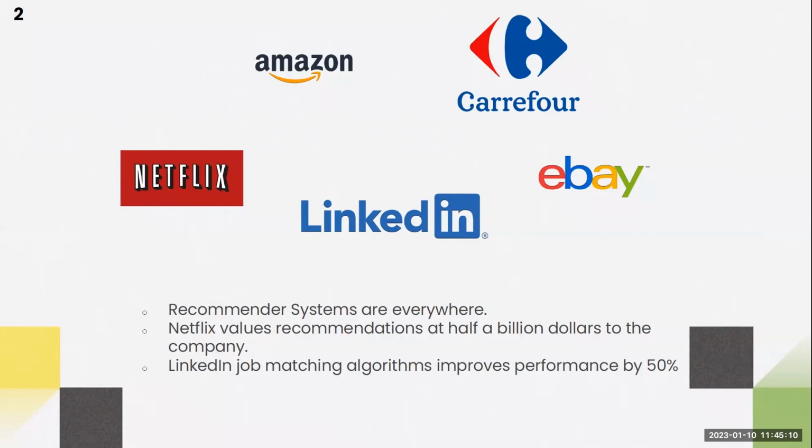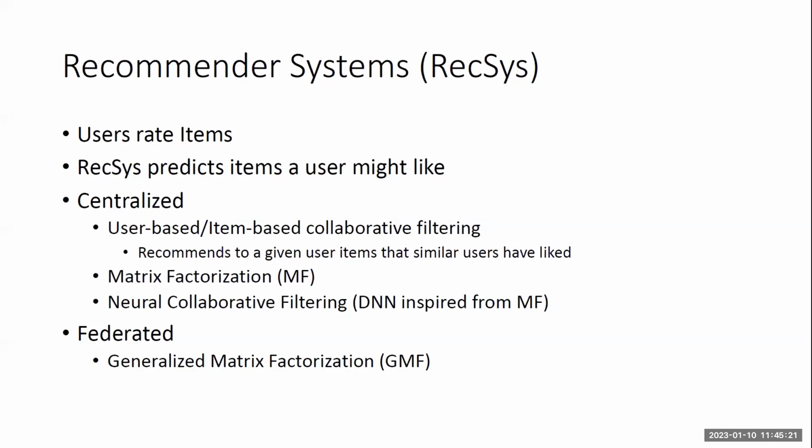In marketplaces like Amazon, eBay, and so on, but also in many other applications. The idea behind a recommender system is to get items recommended by the system based on your past consumed items.